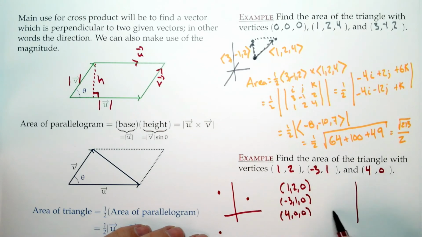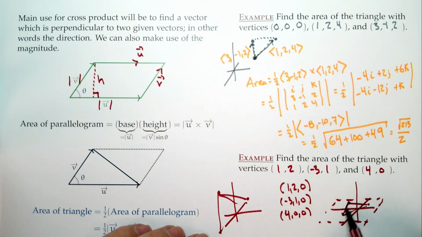So in other words, we're putting this xy plane, which is currently like this, into 3-dimensional space, so that this triangle here is also a triangle here.